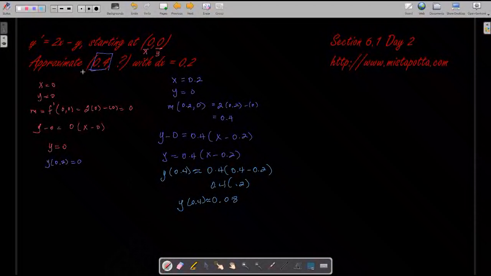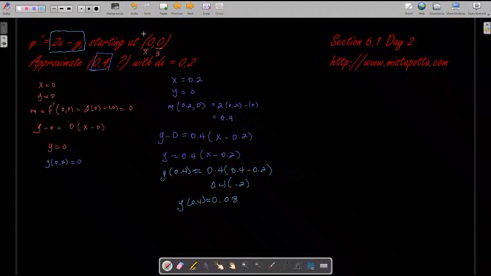Now, at this time, we don't have a way to find a solution to this differential equation. As a matter of fact, the best that I can do at this point is not find the antiderivative of this, but instead to graph a slope field and find a solution that's passing through the origin.